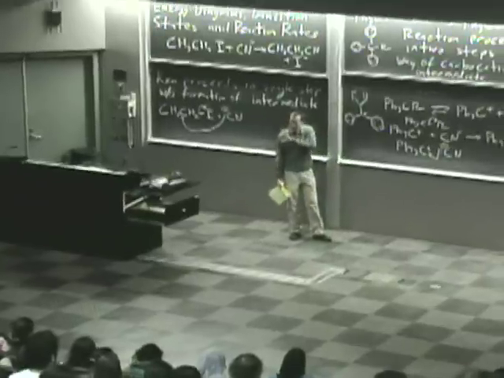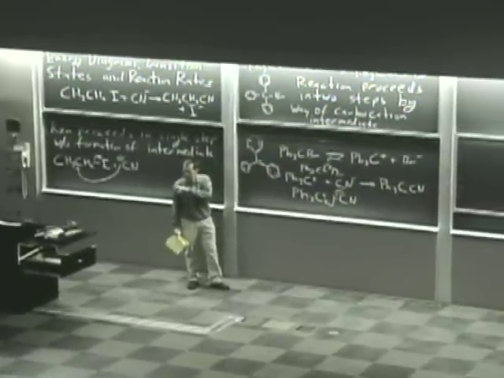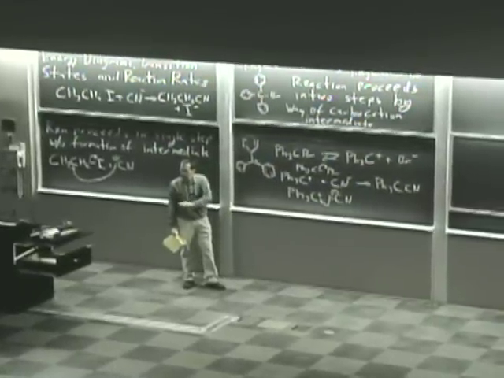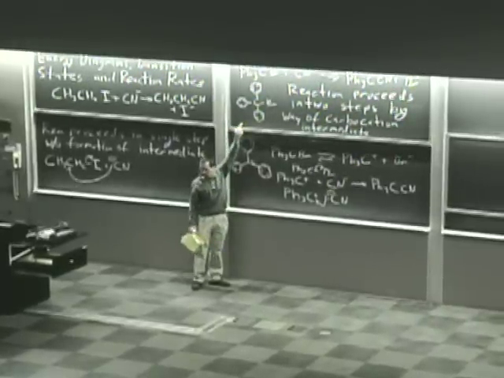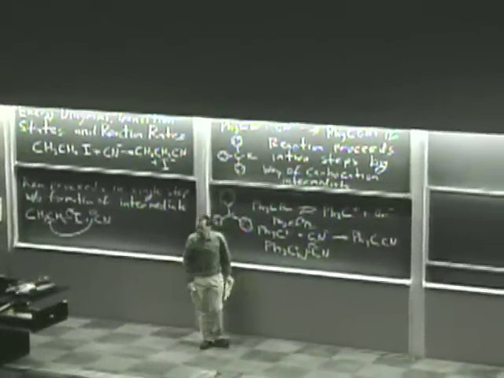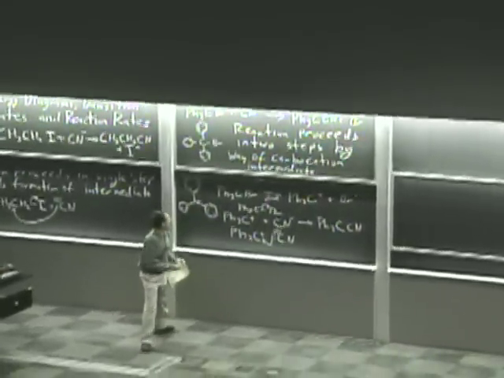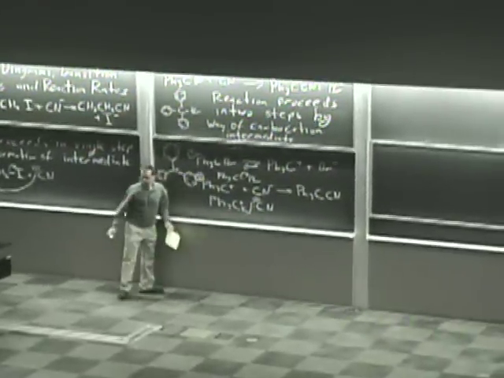We've written three different ways of thinking about this reaction here. The question is, how would I write it? If I'm just showing the overall reaction, I'd write the first equation. If I were trying to express the steps that were involved, I'd write these two equations.